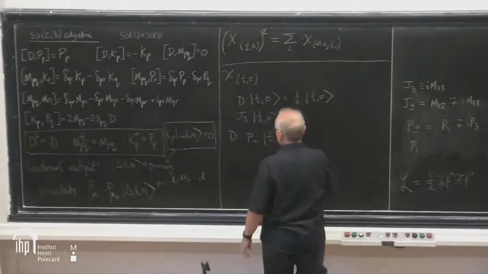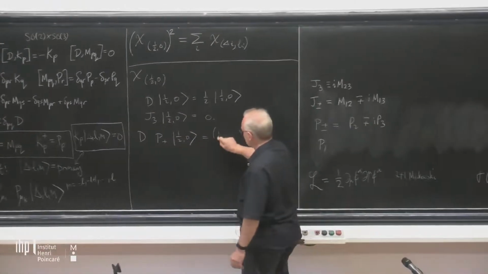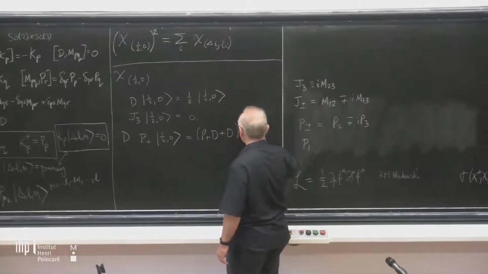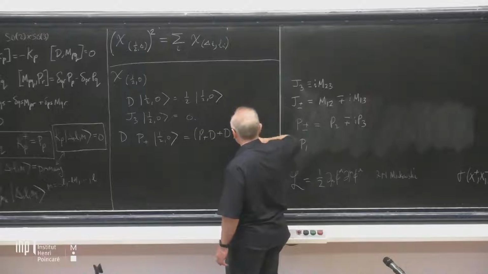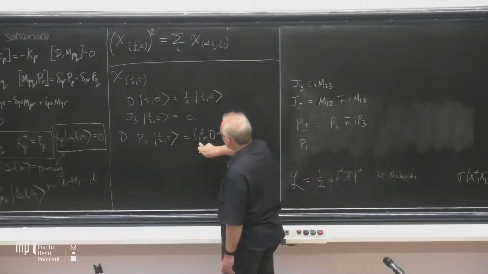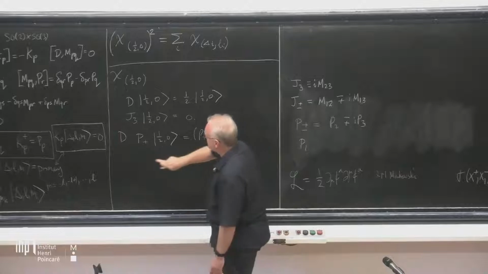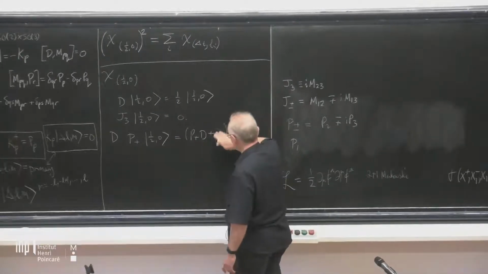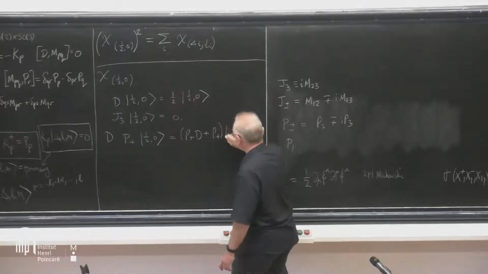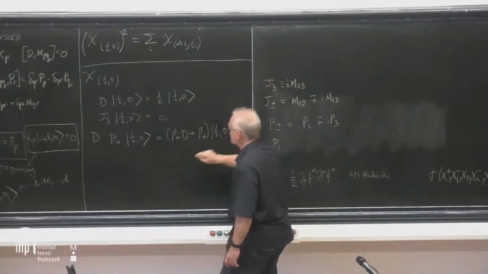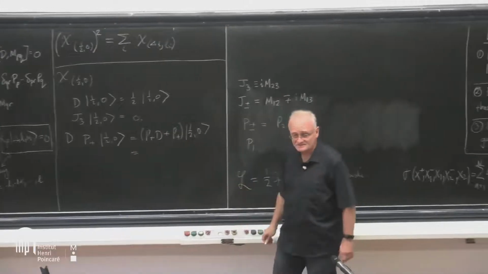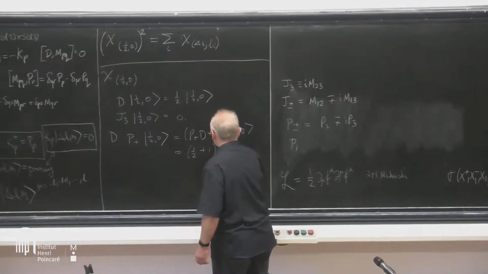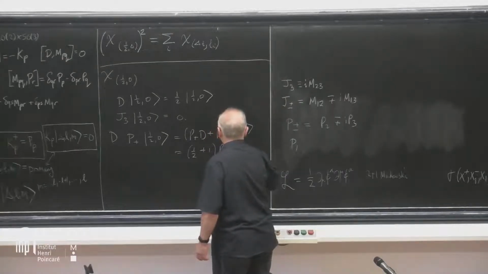From that first commutator, dP plus is P plus D plus P, acting on 1/2 naught. D on that is 1/2. So we'll get 1/2 plus 1, P plus 1/2 naught.